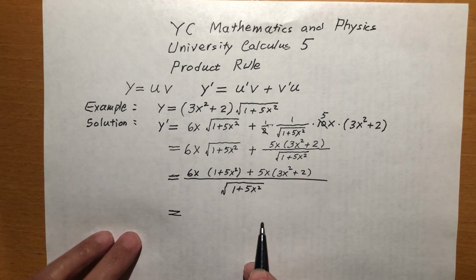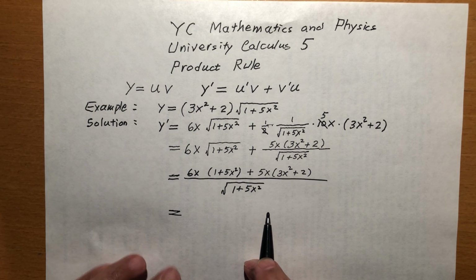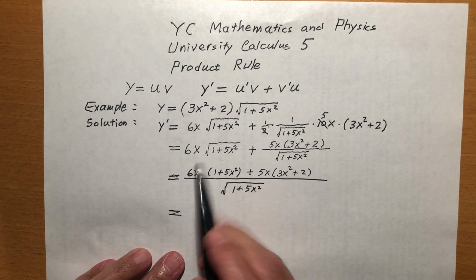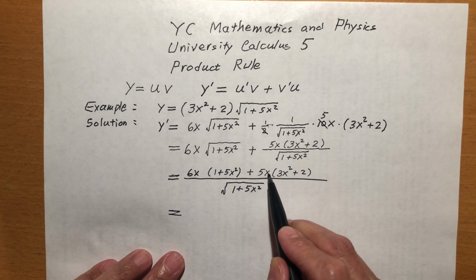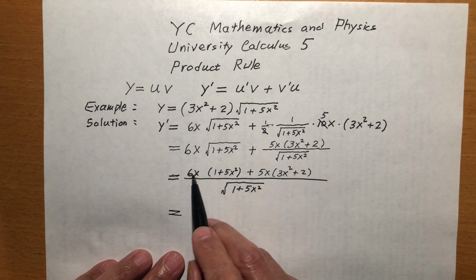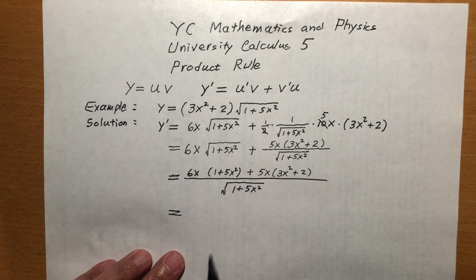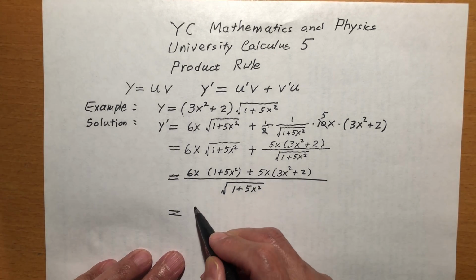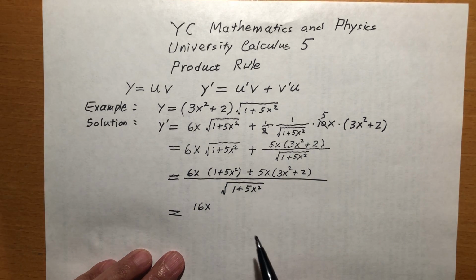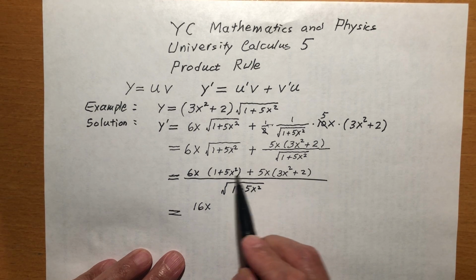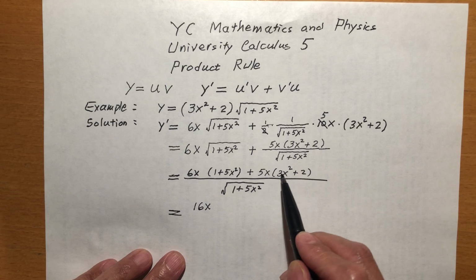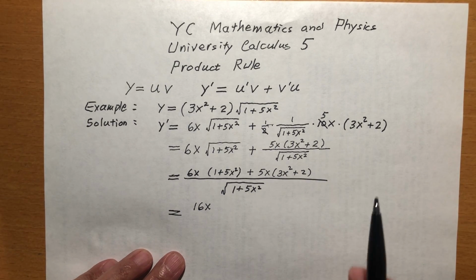Now we just simplify it. Simplify the numerator, right? So I have 6x here. This times that is 6x. This times that is 10x. So I have 6x plus 10x. So that gives me 16x. This multiplied that gives you x cubed. Look at here. This multiplied that is also x cubed.